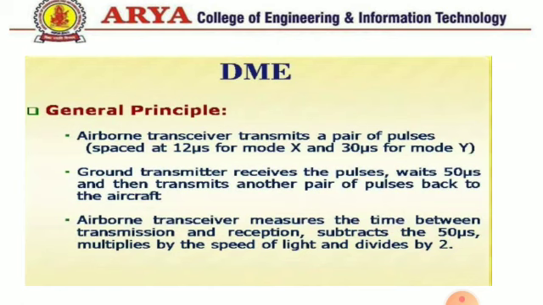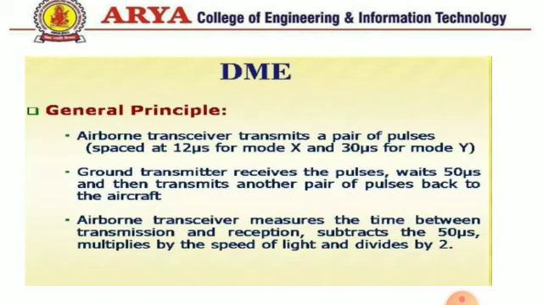The general principle is that the airborne transceiver transmits a pair of pulses spaced at 12 microseconds for mode X and 30 microseconds for mode Y. The ground transmitter receives the pulses, waits 50 microseconds, and then transmits another pair of pulses back to the aircraft.